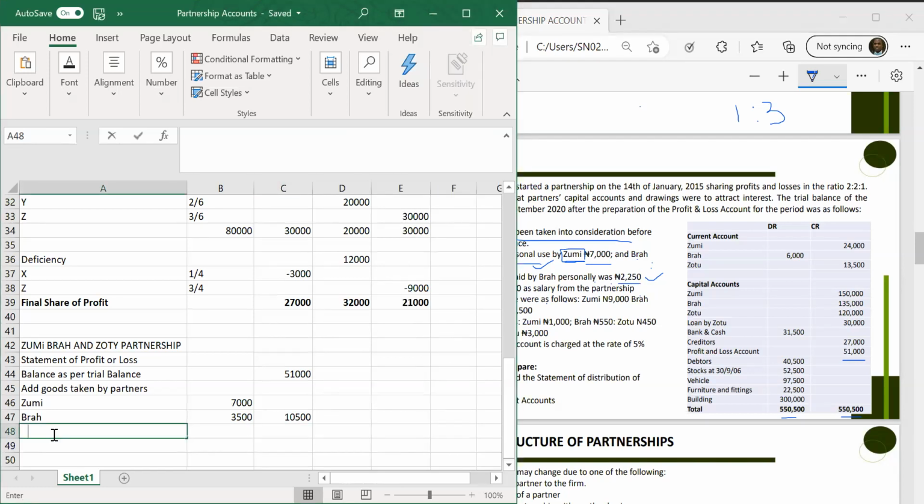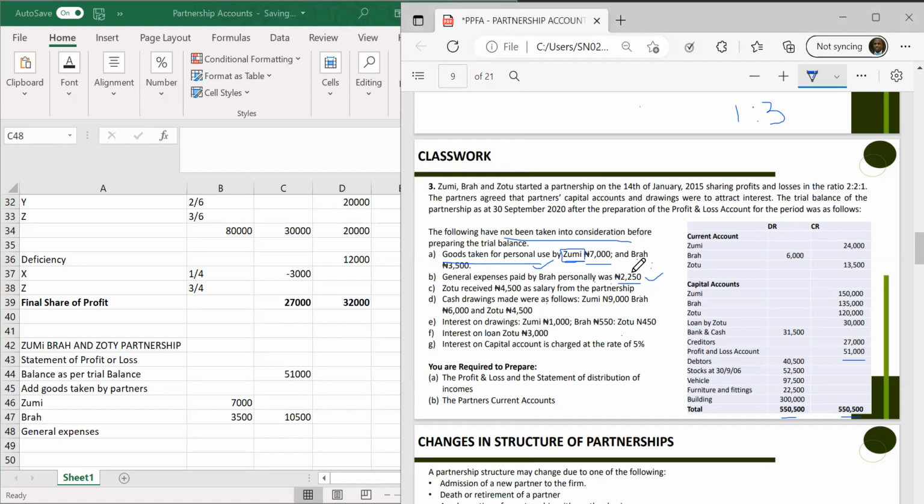So he has to be reimbursed. And for him to be reimbursed, it will imply these general expenses, normally, if he had not paid it himself, you will have debited the income statement account, right?